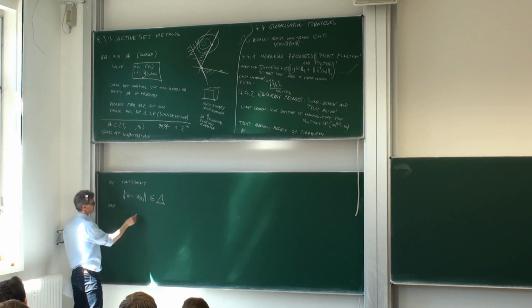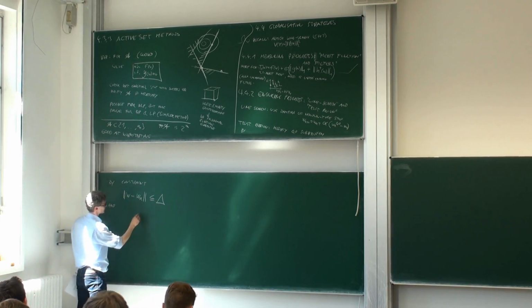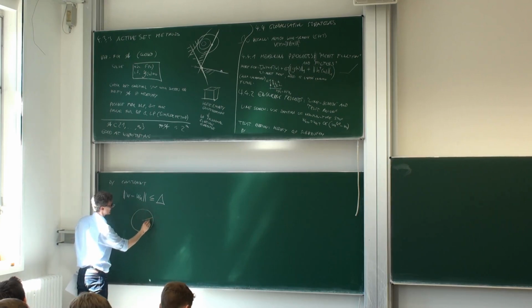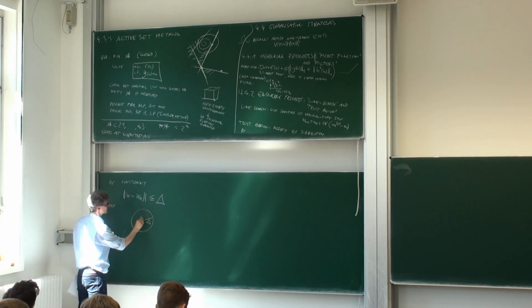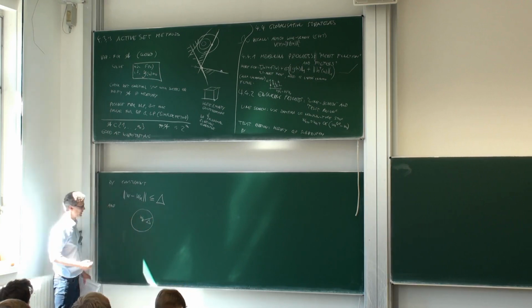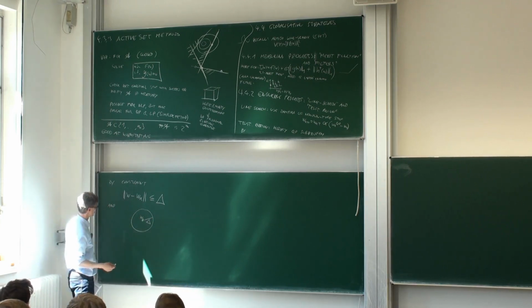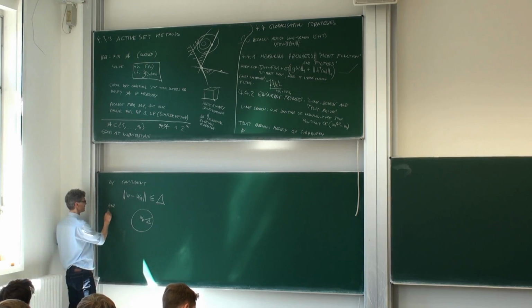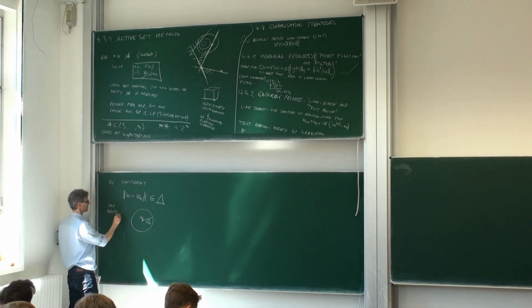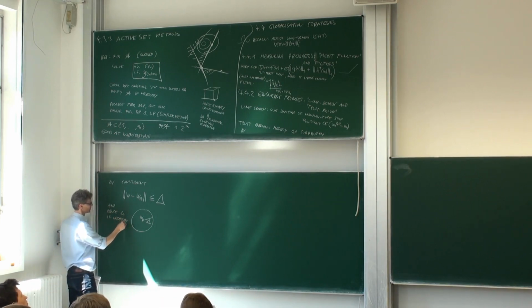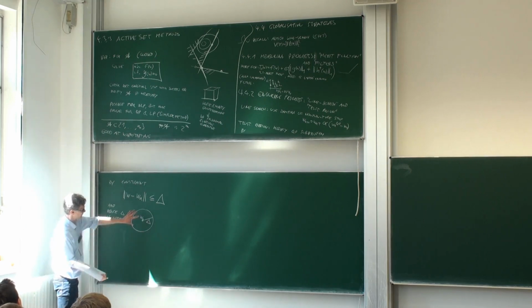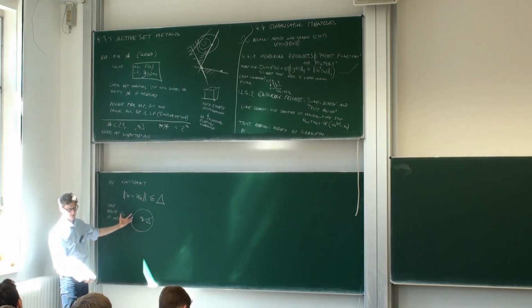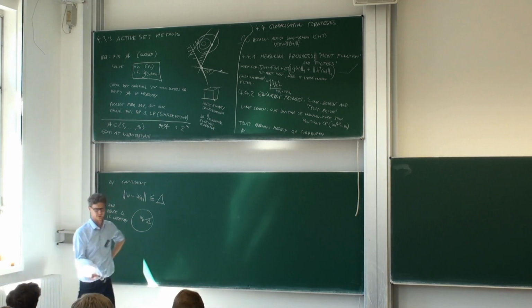If it were a 2-norm, it would be just a circular constraint with radius delta around your old point, and you say, I don't want to move further away than this radius delta. You reduce delta if necessary and resolve your quadratic subproblem to get a hopefully better point that then satisfies your measure of progress.